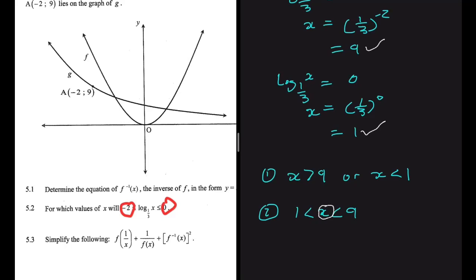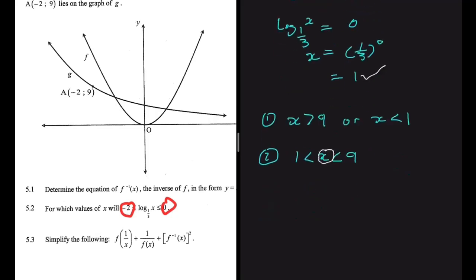So let's pick 4, right, as a number which is between 1 and 9, and then our base is a third. And if you put that in your calculator, you should get minus 1.26. So when we substitute a value which is between 1 and 9, we get an answer which is between minus 2 and 0. So this second option is our correct solution.